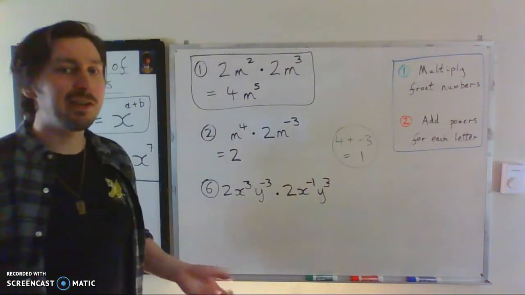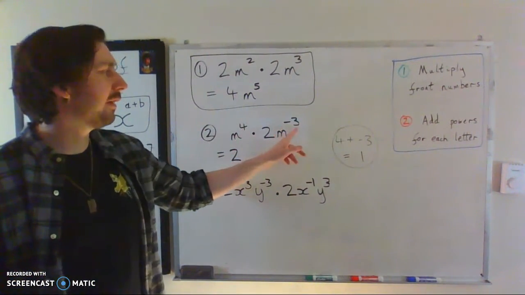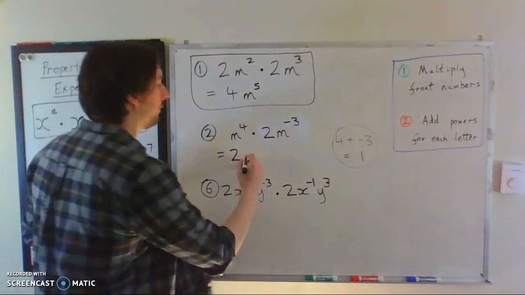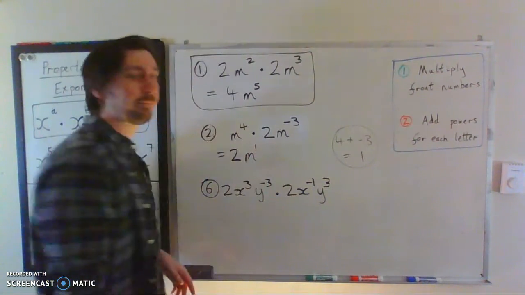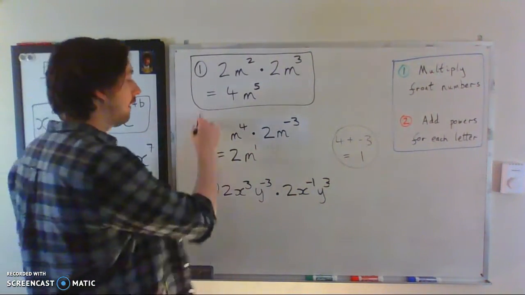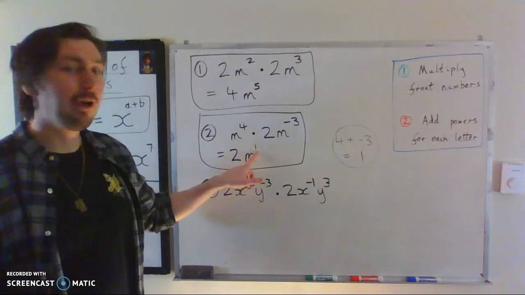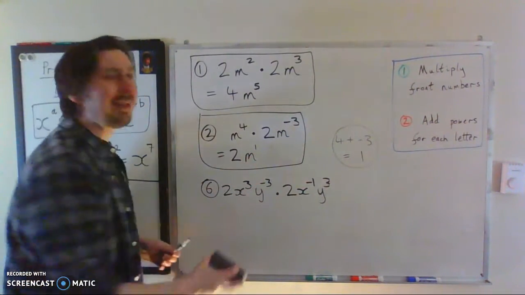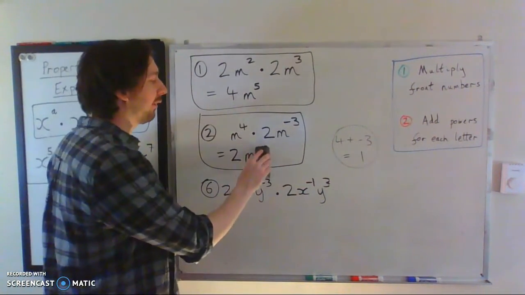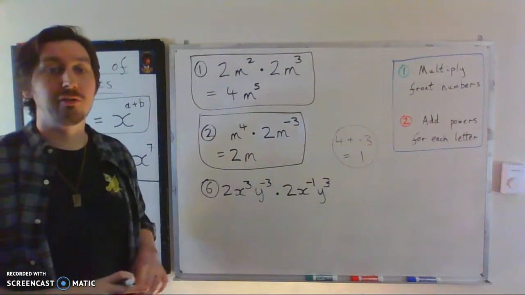Or you can just see it as 4 take away 3, which is m^1. Now, it's up to you if you leave that 1 there or not. I'm going to take mine away, but it really doesn't matter, because m to the power of 1 is just m.